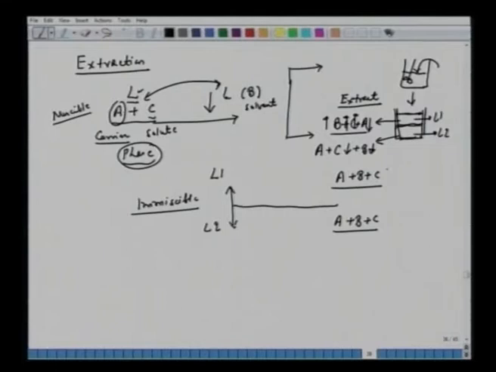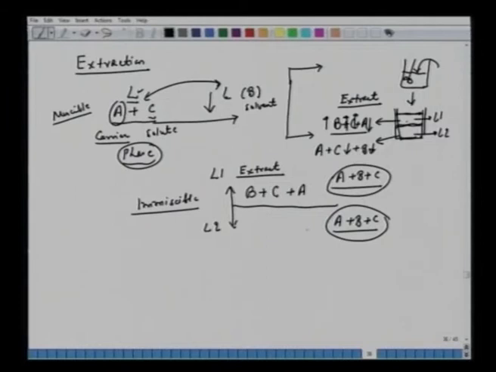Altogether, we have new types of fluid mixture, A plus B plus C, A plus B plus C, but the two are totally distinct and different. Other than this density difference, we have different amounts of A plus B plus C. L1, we call it the extract to signify that this contains a very large amount of solvent. The solvent has picked up most of the C, but it contains A also.